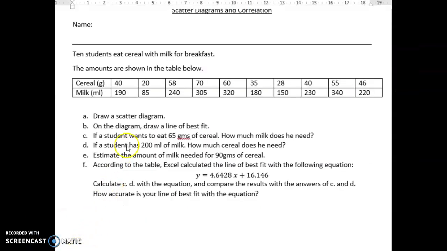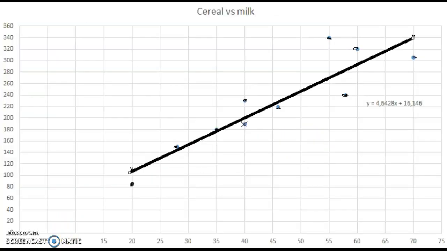Okay, by now we drew the scatter diagram, we drew the line of best fit, so we can start by answering the questions. It says, if a student wants to eat 65 grams of cereal, how much milk does he need? Okay, so we go to the scatter diagram and we start from 65 on this axis.